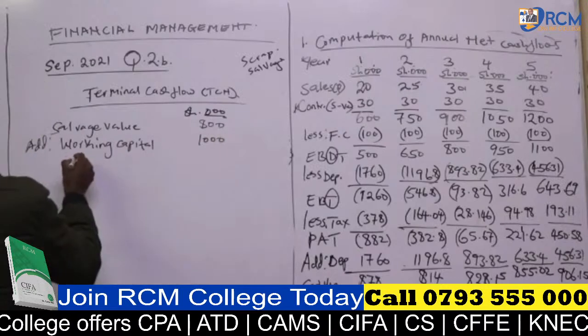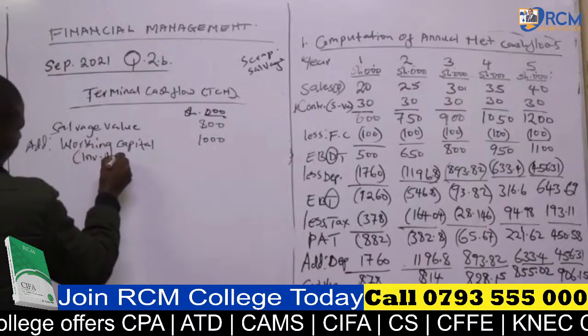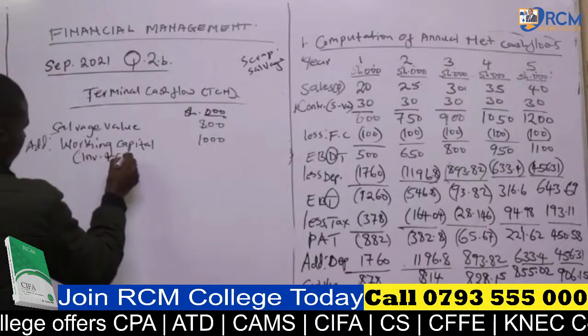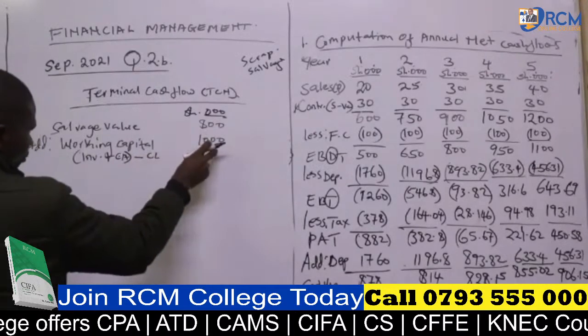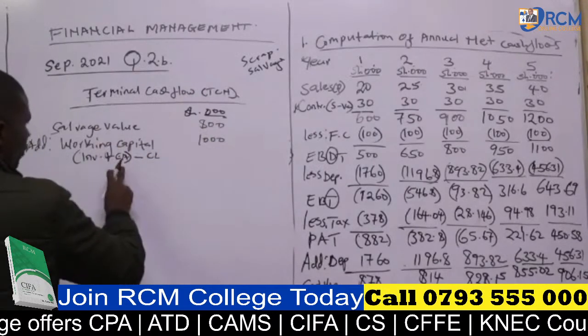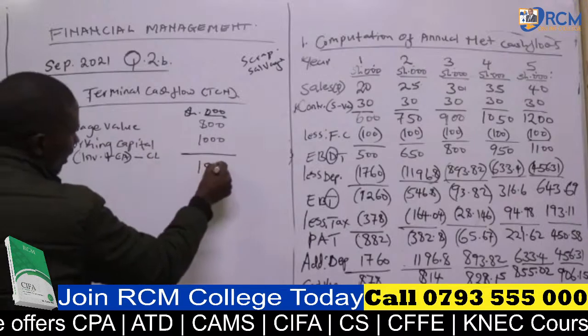Hope you remember we said that it is inventory plus the current asset, which was debtor, then you minus current liability. You remember that 12, 15 minus 17 together. Then whatever you get here is 1,800.